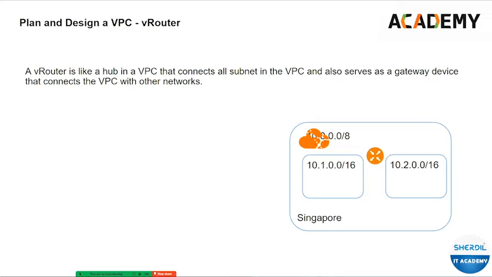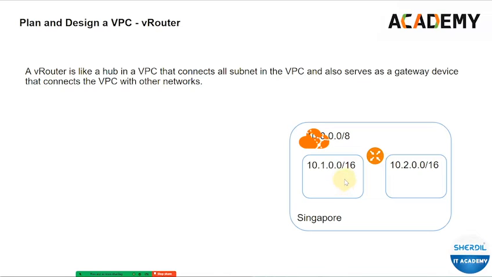So let's say you have a network called 10.1.0.0/16 and you have a vSwitch 10.2.0.0/16, but both are in the same VPC. What do you think? Will the machine that exists in 10.1.0.0 communicate with 10.2.0.0 without a router? Yes or no? Can anyone tell me?